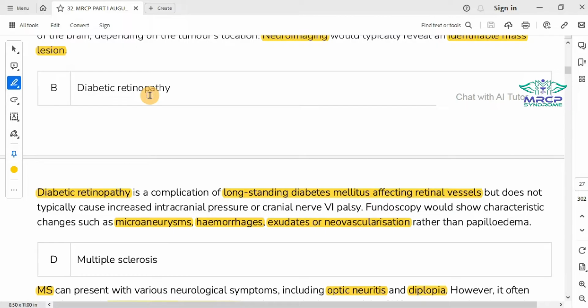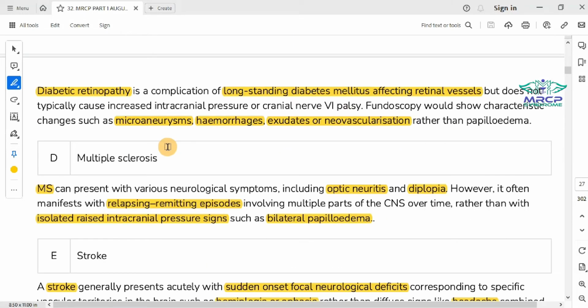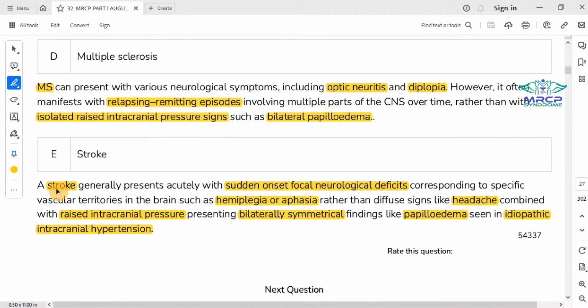Diabetic retinopathy is usually seen as part of long-standing diabetes mellitus affecting the retinal vessels. In multiple sclerosis, there will be features of optic neuritis. And in stroke, there will be focal neurological deficit, specifically hemiparesis, hemiplegia, or aphasia.